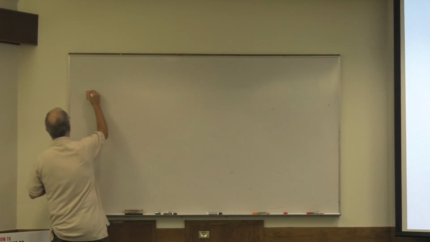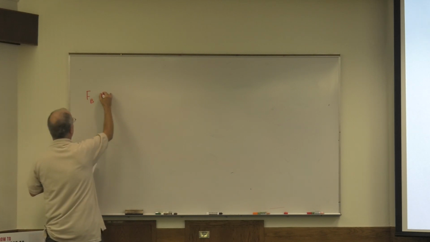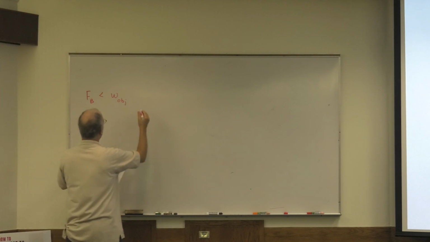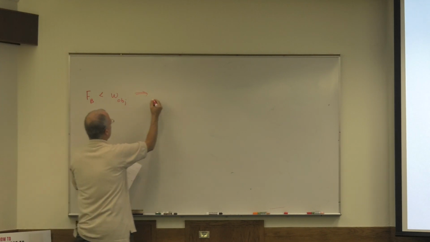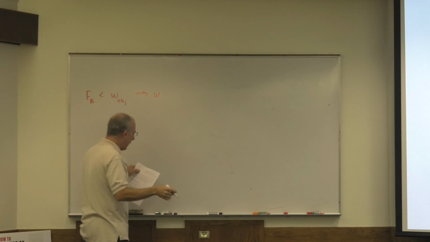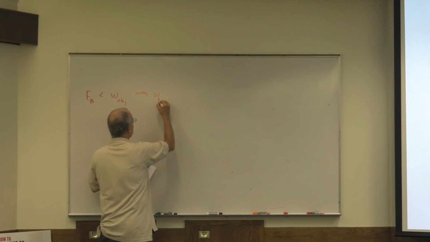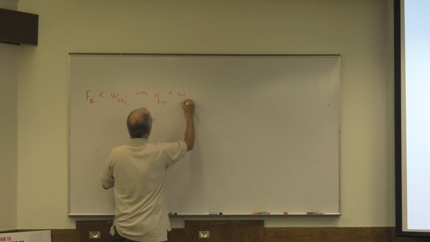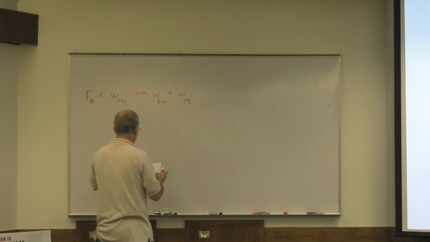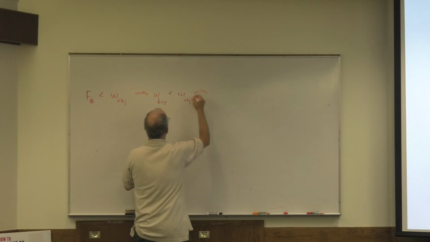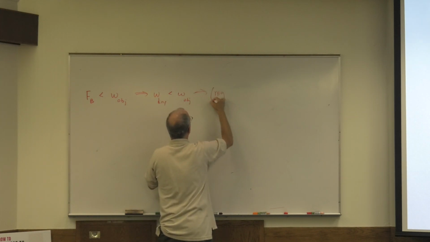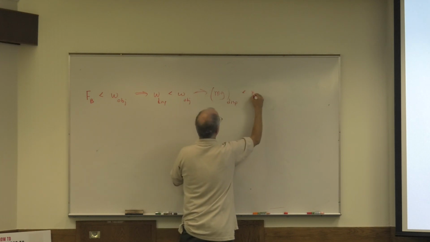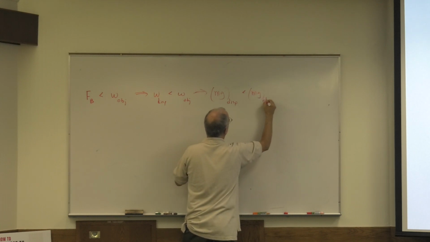So we have the buoyant force. Buoyant force is less than the weight of the object. Well, that means the buoyant force is the weight of the displaced fluid. So that has to be less than the weight of the object. All right? Well, that means the weight, mg, of the displaced fluid is less than mg of the object.